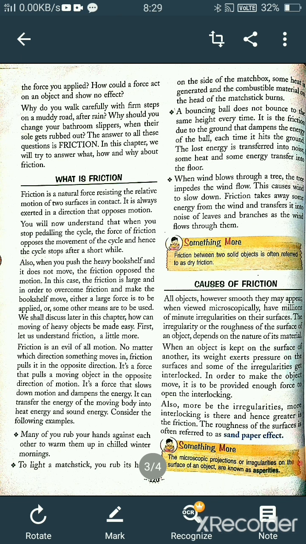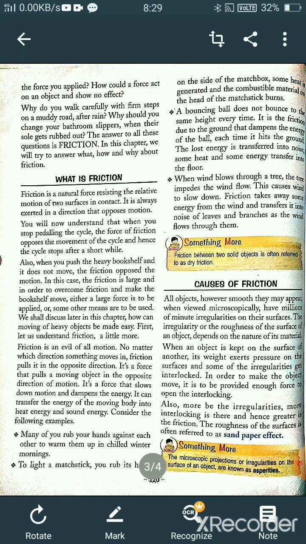Similarly, a bouncing ball does not bounce to the same height every time. It is the friction of the ground that dampens the energy of the ball each time it hits the ground. So the loss of energy is transferred into noise, some heat and some energy transferred into the floor. So these are some examples.